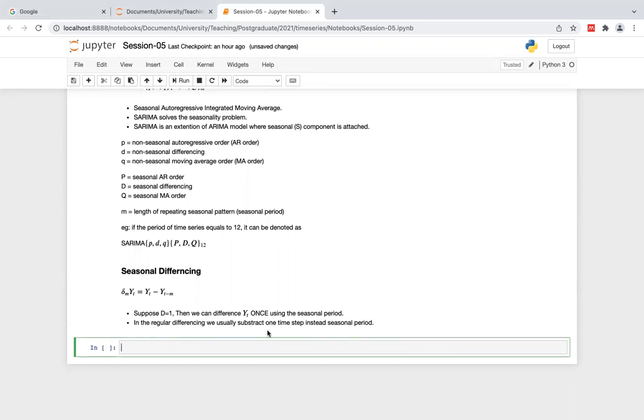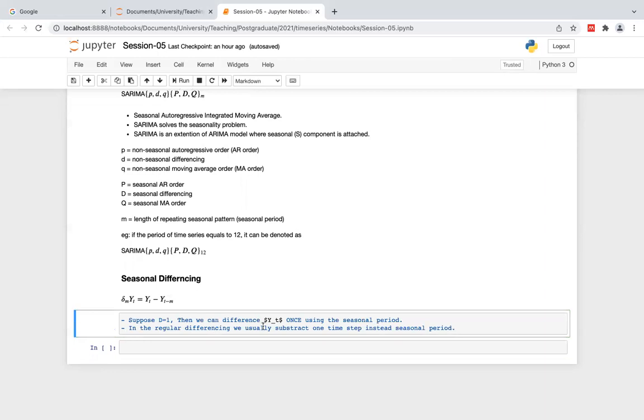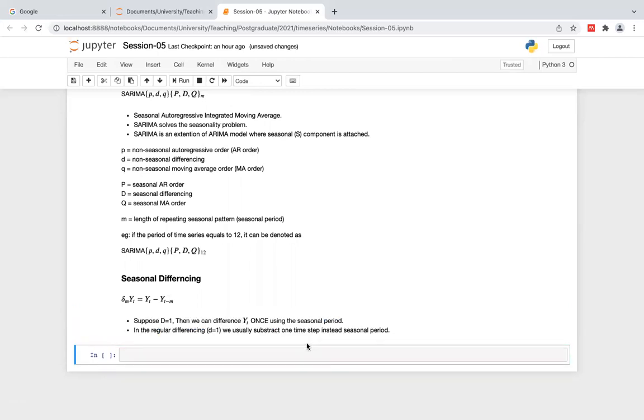If the seasonal period is 12, we difference with the value 12 periods back. In regular differencing, when simple d equals 1, we subtract only one time step.